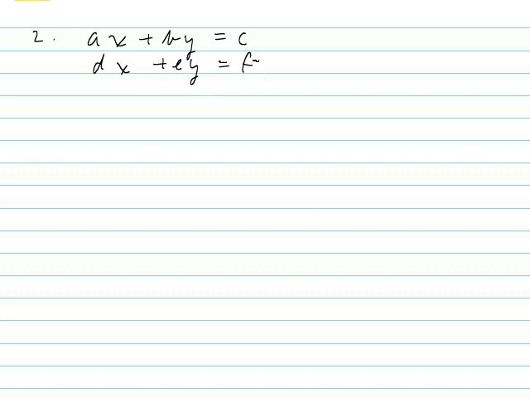To do question number 2 is difficult. Let's eliminate the y. To eliminate the y, we have to multiply the top equation by e and the bottom equation by b.